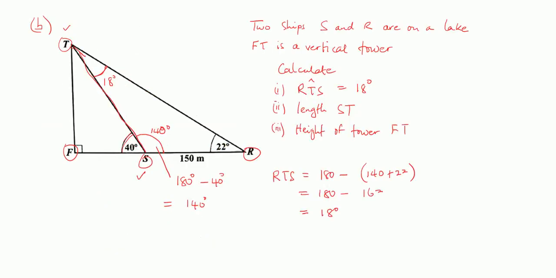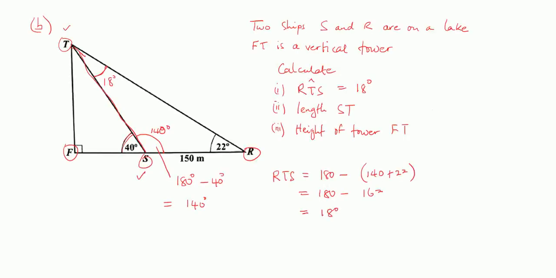And the last part of the question, they want to find the height of the tower. Now we're dealing with the height of the tower here, so let's draw the diagram quickly. The height of the tower, this is TFS.